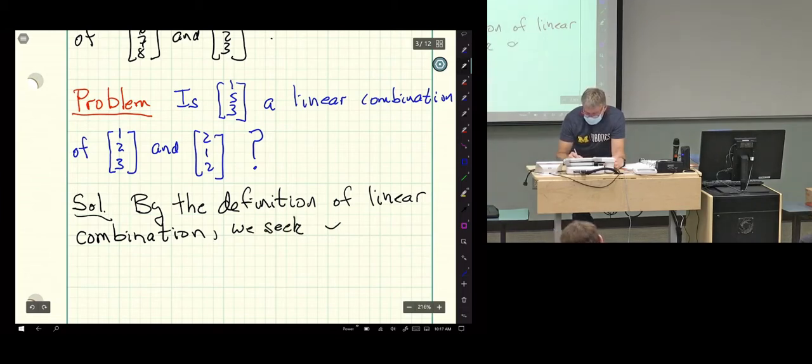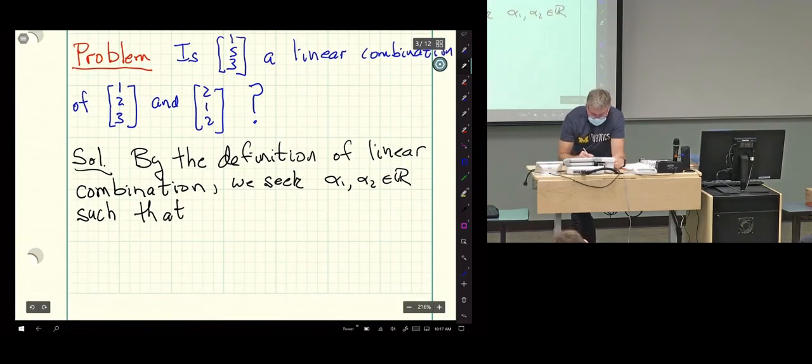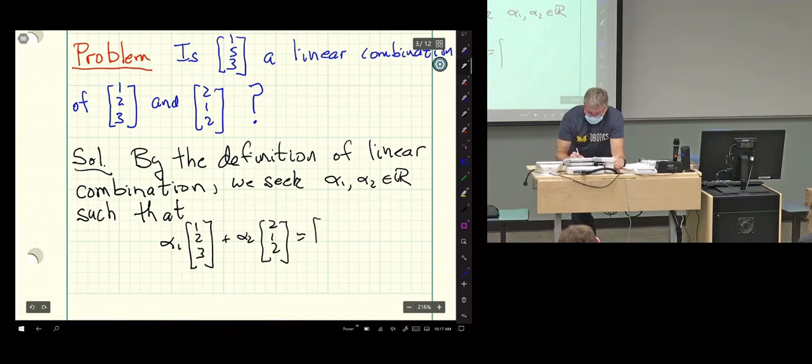So we seek alpha 1, alpha 2 real numbers such that alpha 1 times (1, 2, 3) plus alpha 2 times (2, 1, 2) is equal to (1, 5, 3).